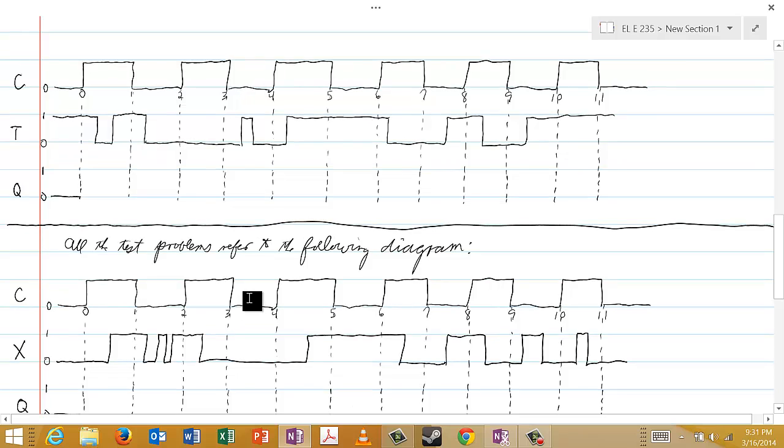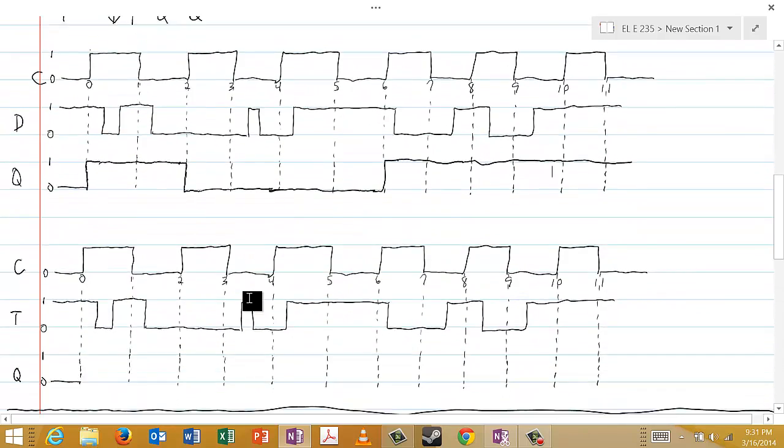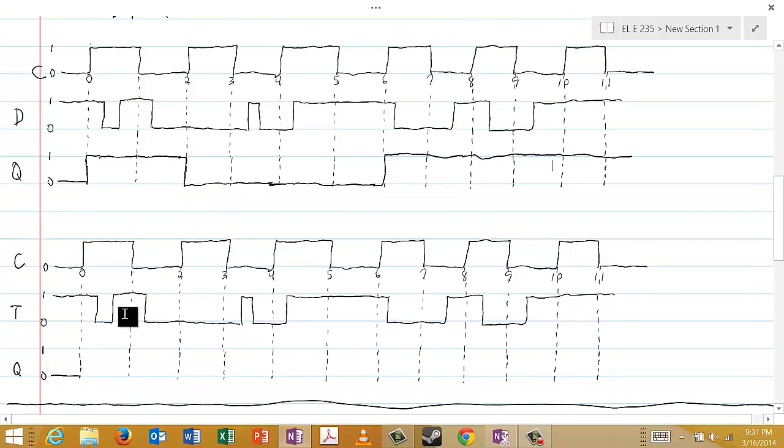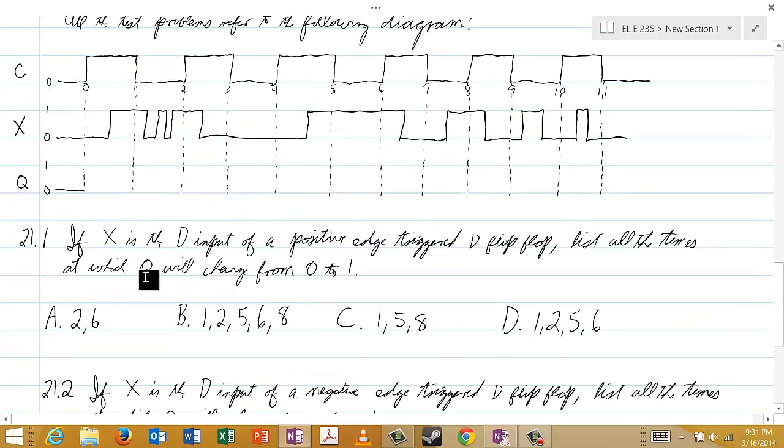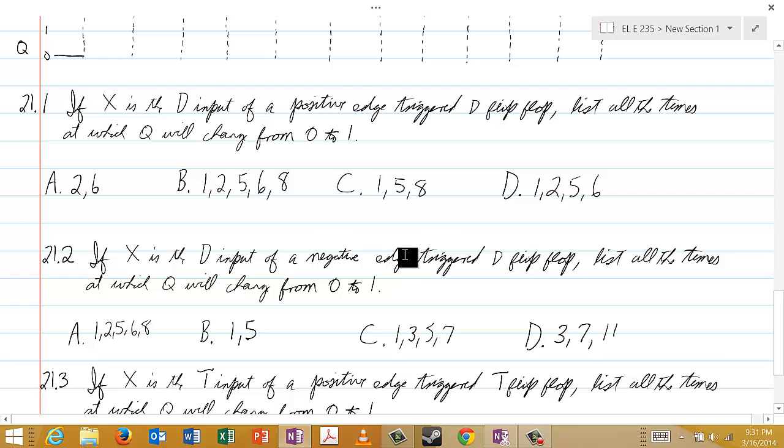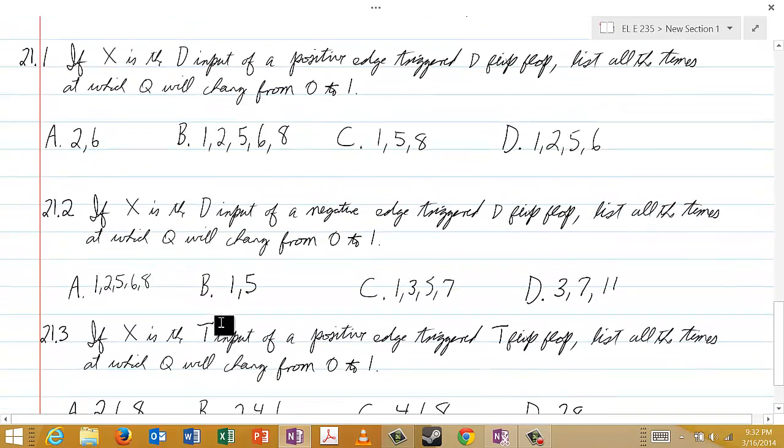So the test problems are extremely similar to the problem that we've just done. But what you're asking in these problems is to identify all the times at which Q will change from 0 to 1. That's the question in 21.1, in 21.2, and also in 21.3.